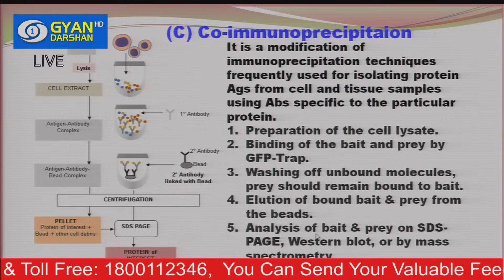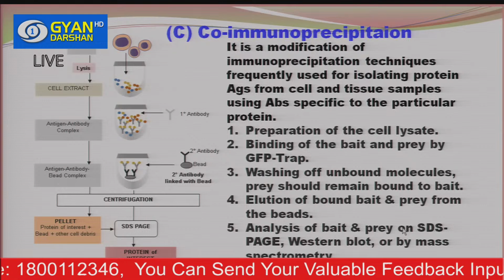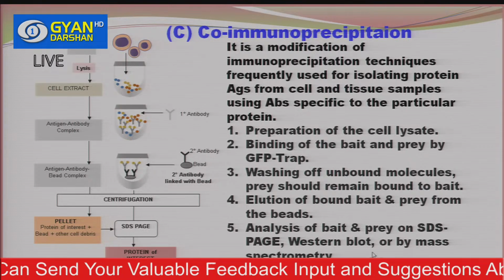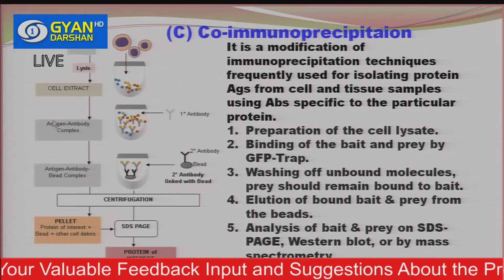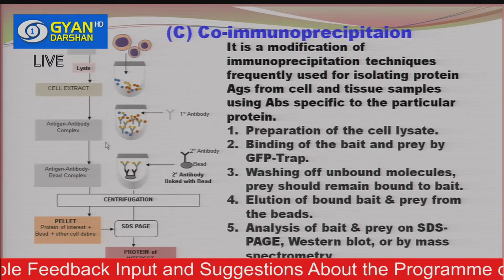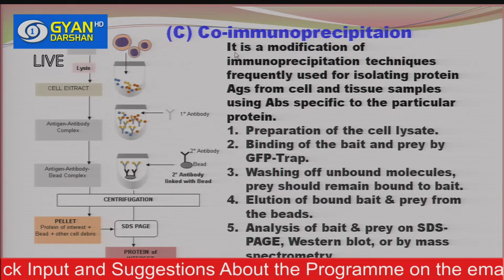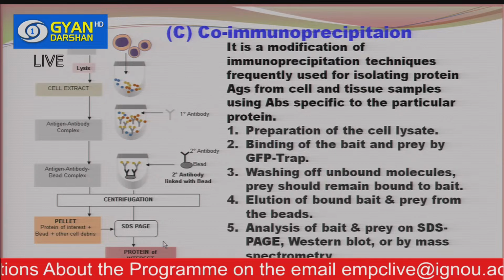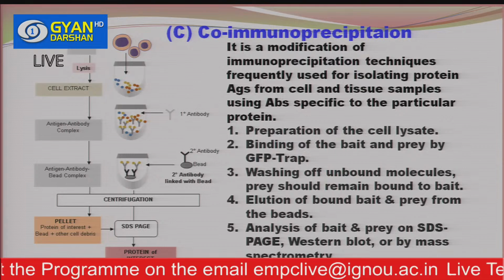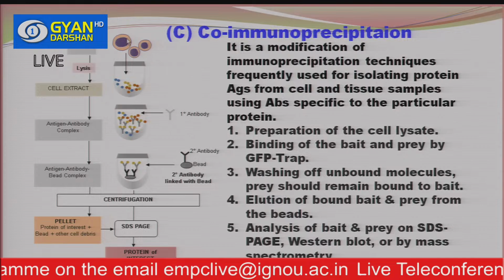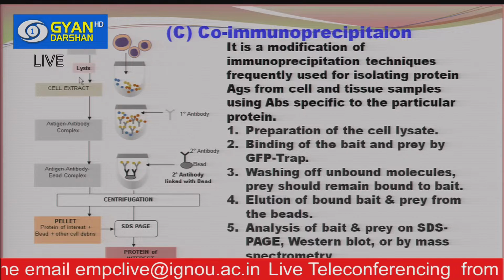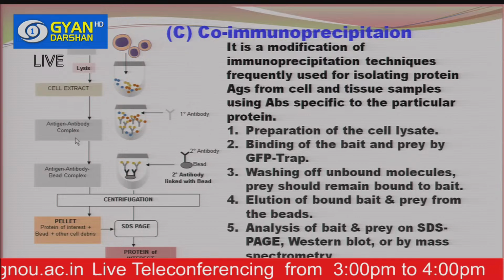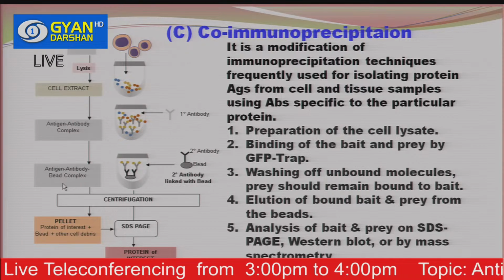Then analysis of the bait or prey on SDS-PAGE, Western blot, or by mass spectrometry. So these are the procedures we can utilize for co-immunoprecipitation. Ultimately, we can purify your proteins of unknown concentration. Here are the various steps: cells, cell lysis, cell extract, and antigen-antibody complex.